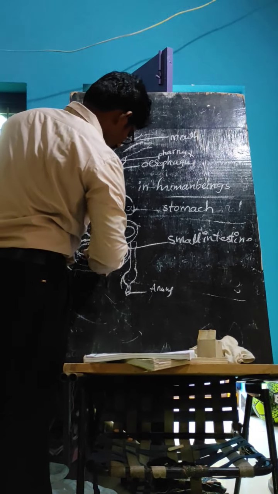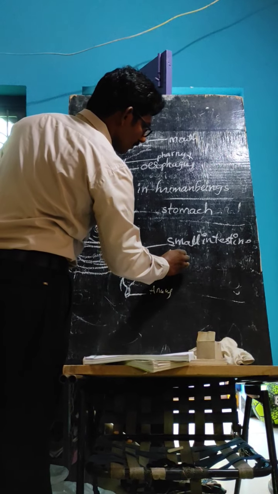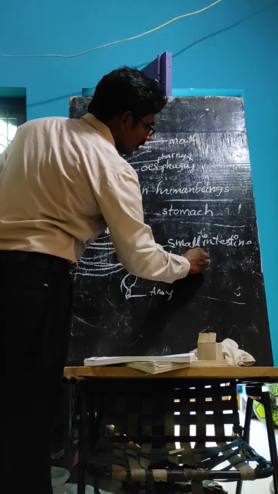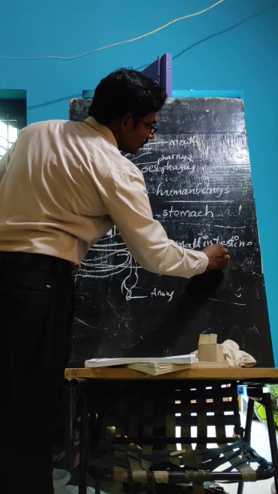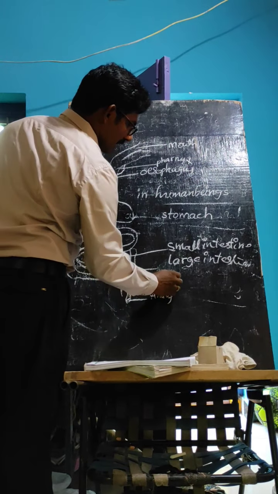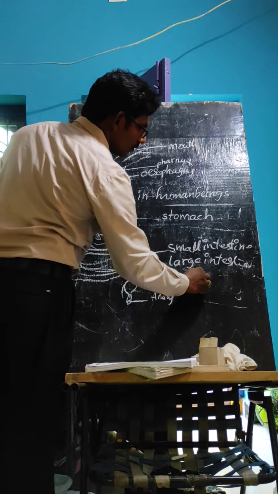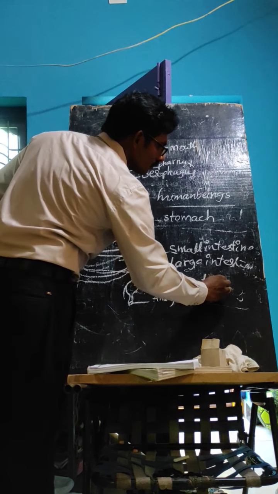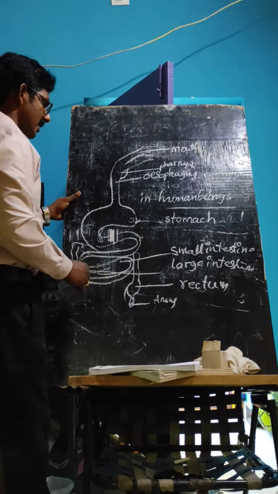This is the large intestine. This is the rectum. And finally this is the anus.